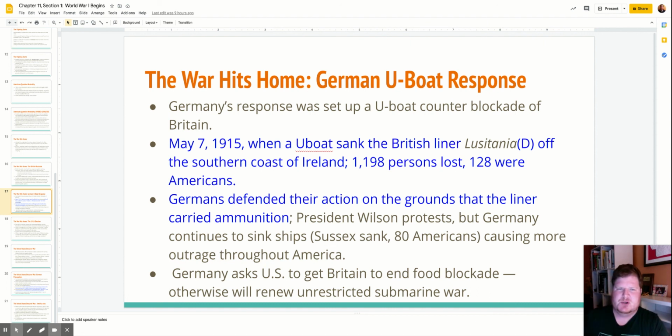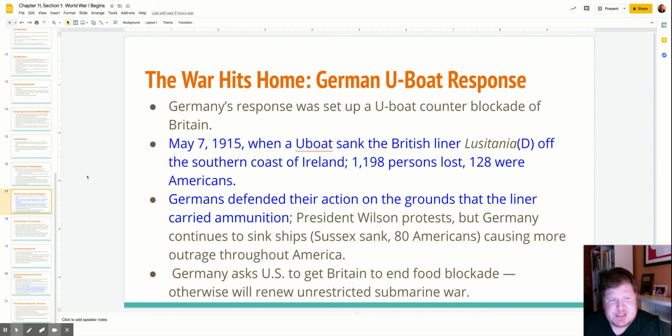But they were underwater, and they would basically shoot down ships, and so they would counter with that on the blockade. And it was fine for a while, though. Wilson and the government was like, hey, we can't tell you what to do, but just make sure you don't sink our boats.